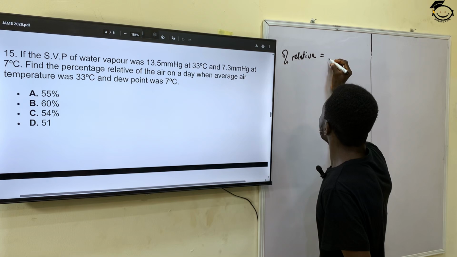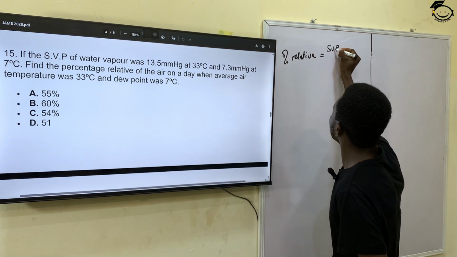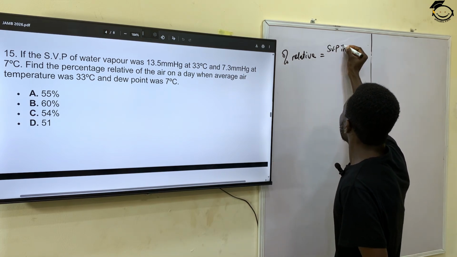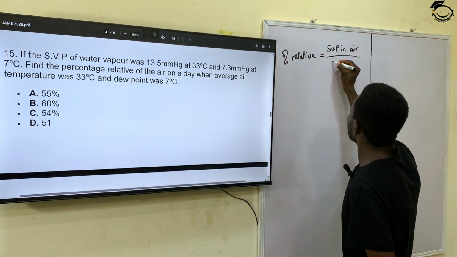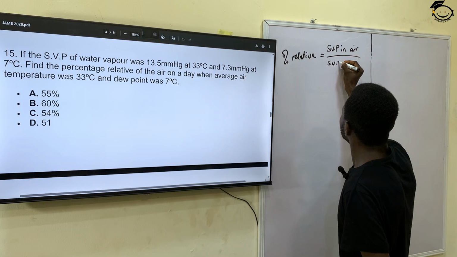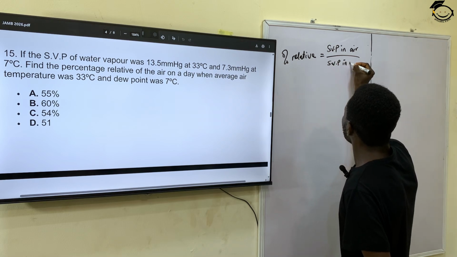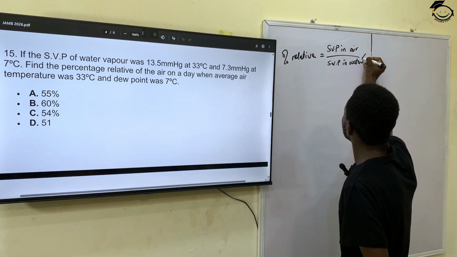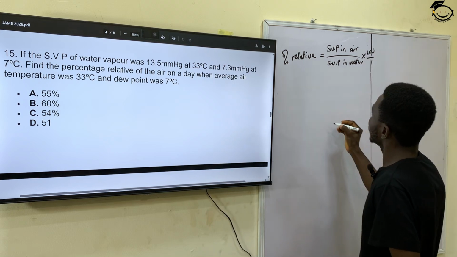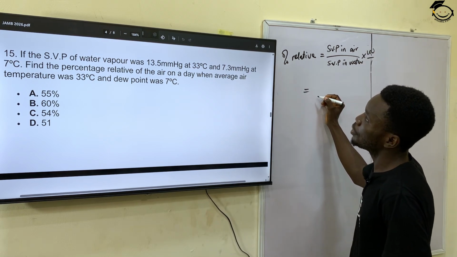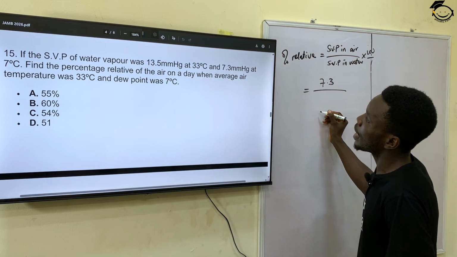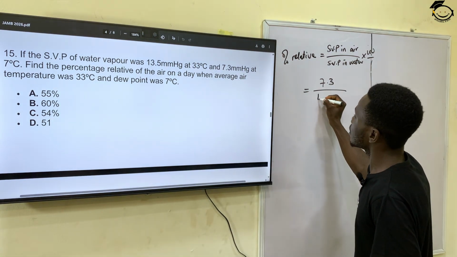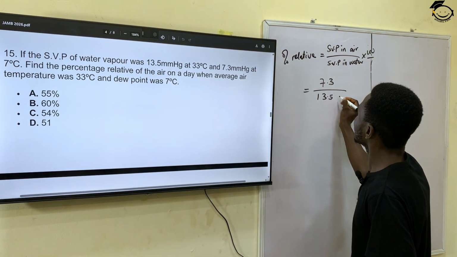So for us to find our percentage relative humidity, is going to give us our SVP in air over SVP in water times 100 over 1. So this means that my SVP in air is 7.3 millimeter mercury over my SVP in water is 13.5 millimeter mercury.